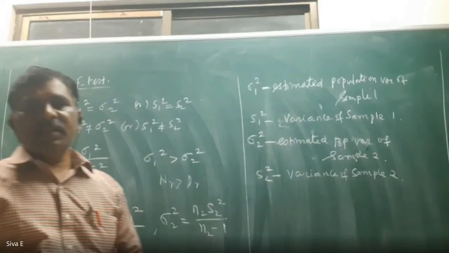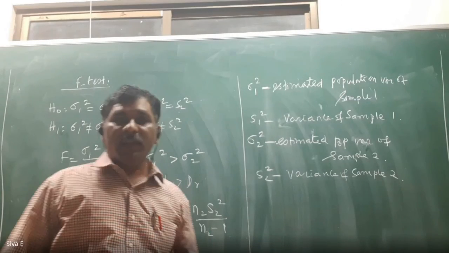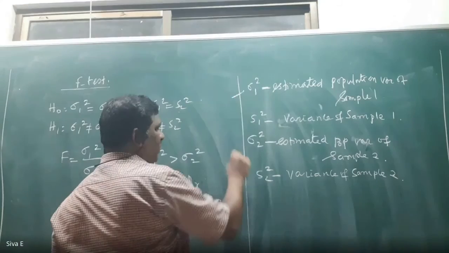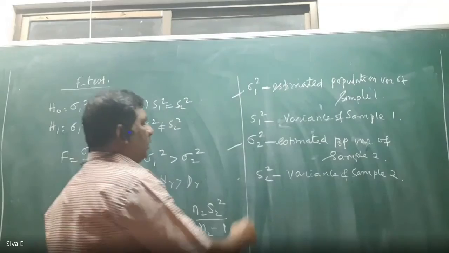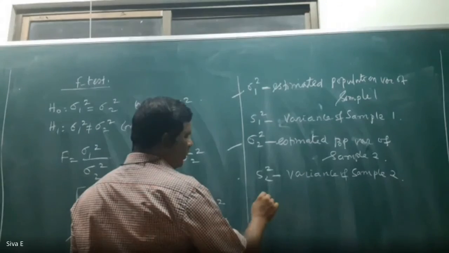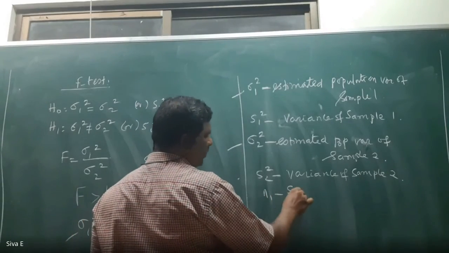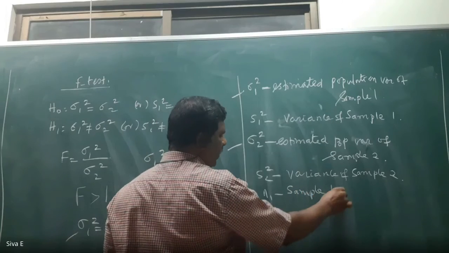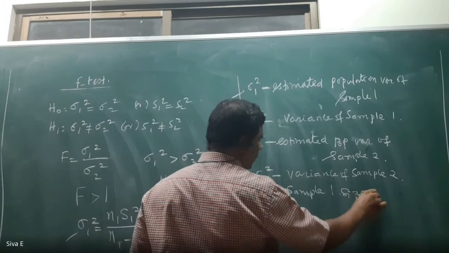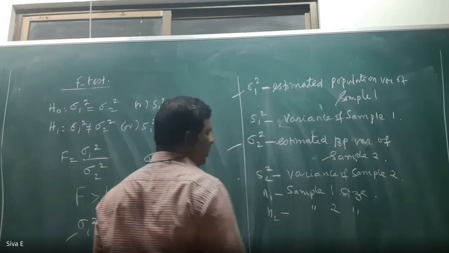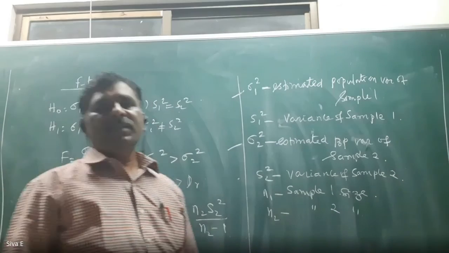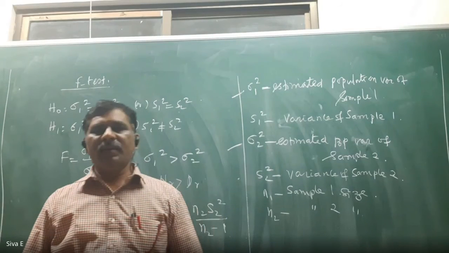In case the variance of sample 1 and sample 2 is given, you have to calculate sigma 1 square and sigma 2 square by using this formula. Now, n1 is sample 1 size, n2 is sample 2 size.